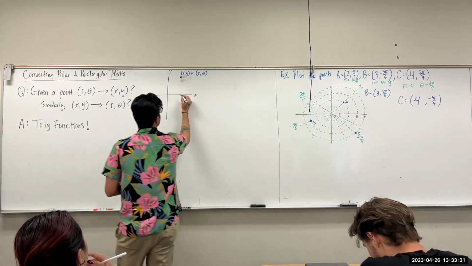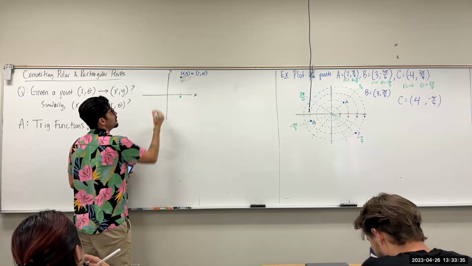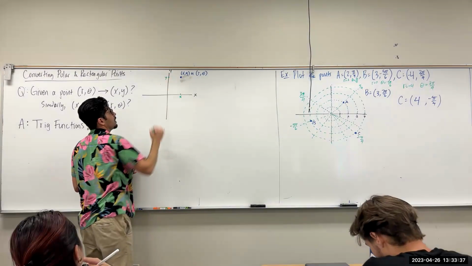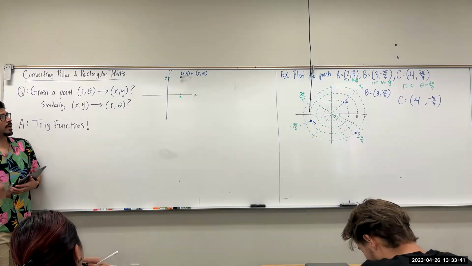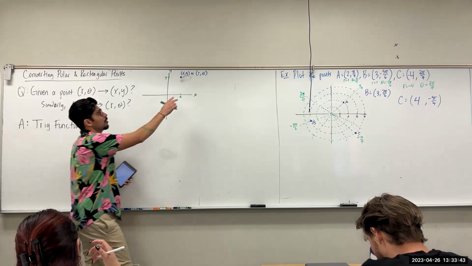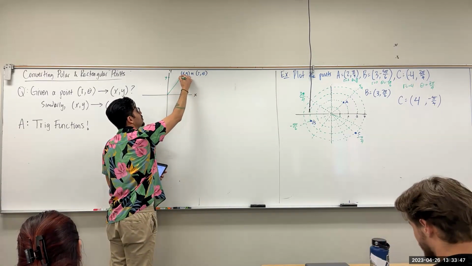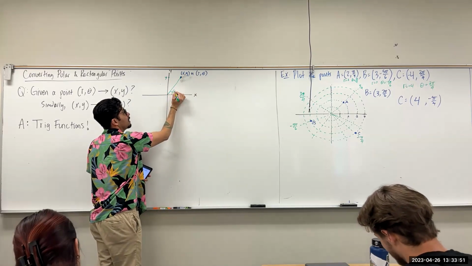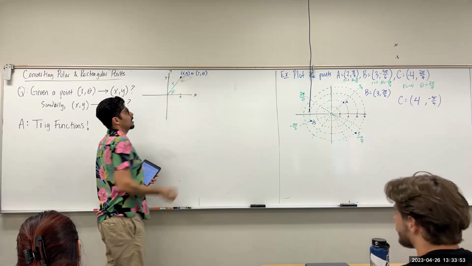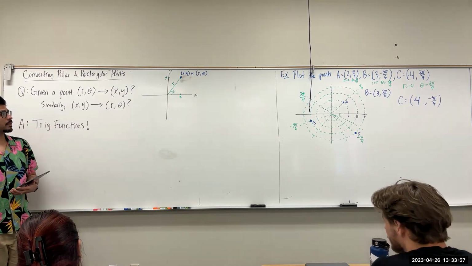We know for x comma y that it's located at this x value and at this y value. But now we also know from our polar coordinates that there's a ray that shoots towards it, rotated by some angle theta, and that ray has length r. We also know that.